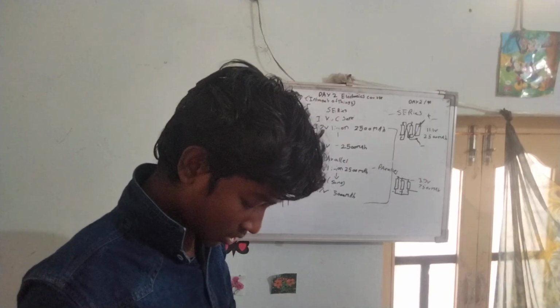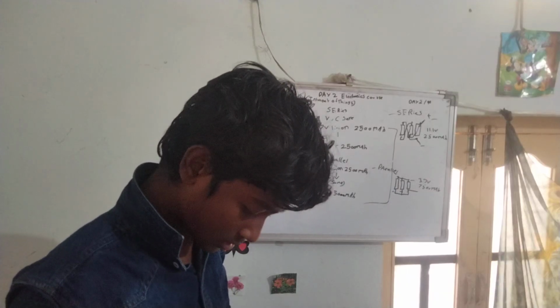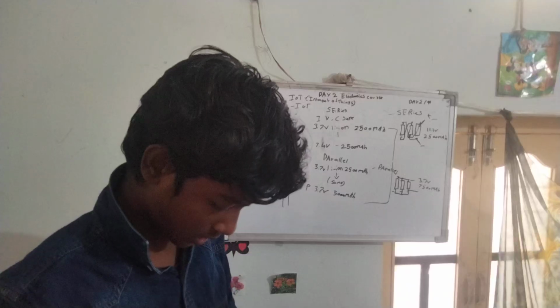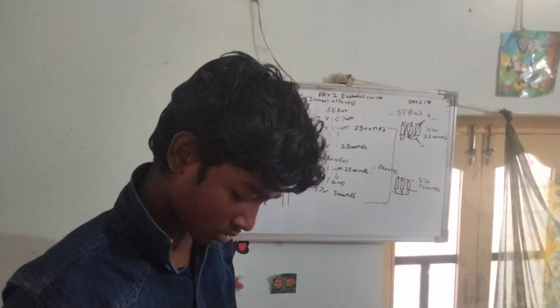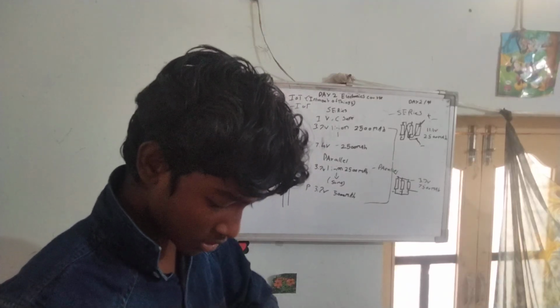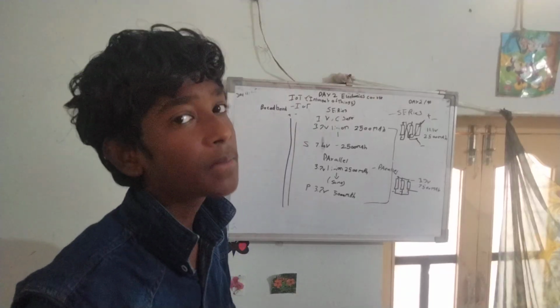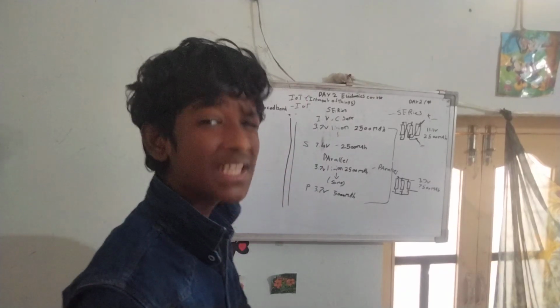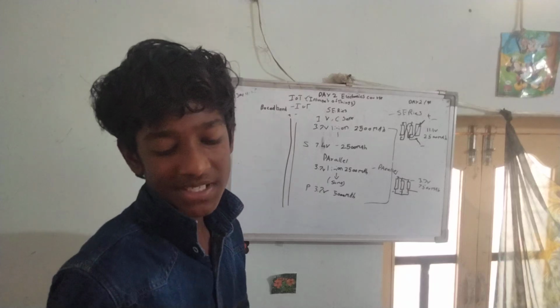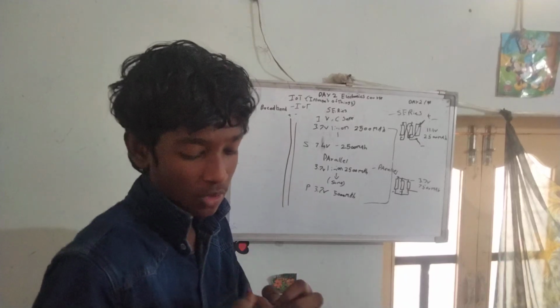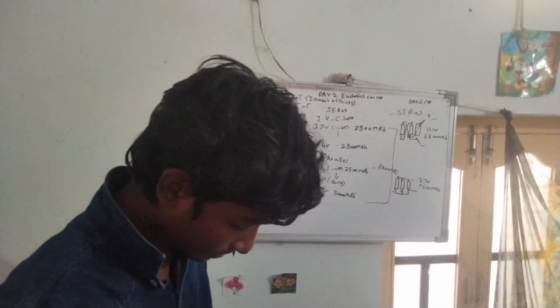So now we connect those together, and here we check it. Now the voltage remains the same. Since we cannot see the capacity in the multimeter, the capacity doubles like two batteries, so it can run for a longer period of time.